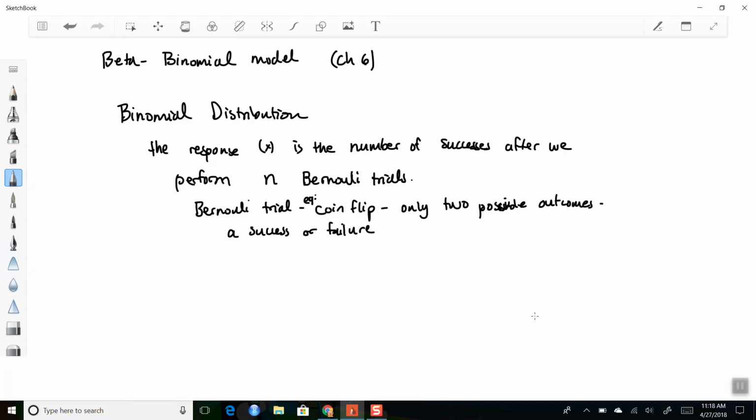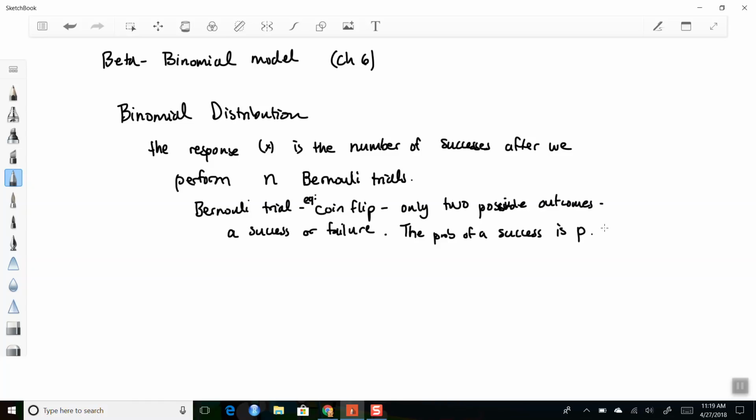Success and failure we generally associate with good or bad, but this is just either something happened or it didn't. Two possible outcomes, success or failure, and the probability of a success is p. So we flip the coin and the probability it lands heads is 0.5.